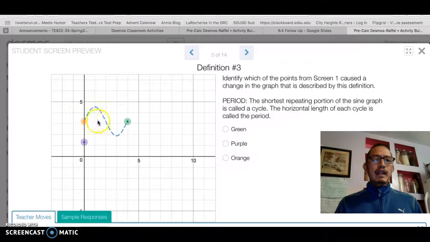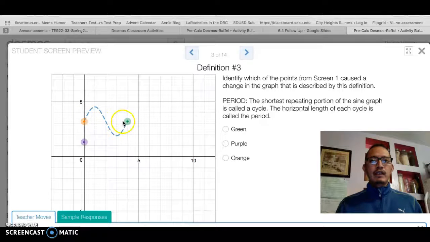This may be the same as this. But look, it's still going at a different, I don't see any line over here. There it goes, and it starts up again. It looks like it will do exactly the same thing here. So that is my period, the length of each cycle.